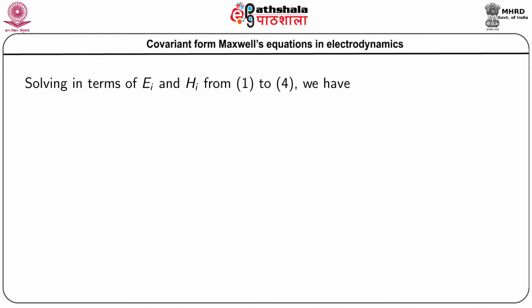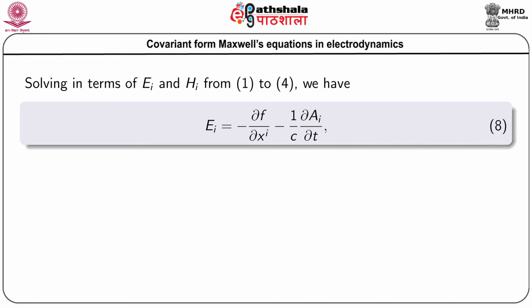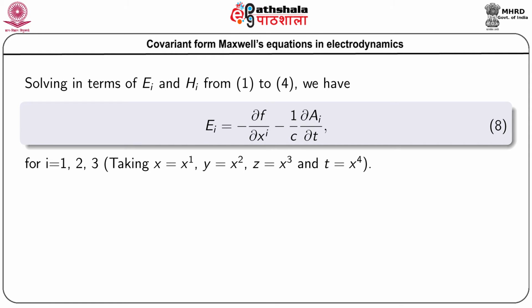Now, solving in terms of E_i and H_i from 1 to 4, we have E_i equals to minus del f del x_i minus 1 by c del A_i del t, where i is running from 1 to 3.